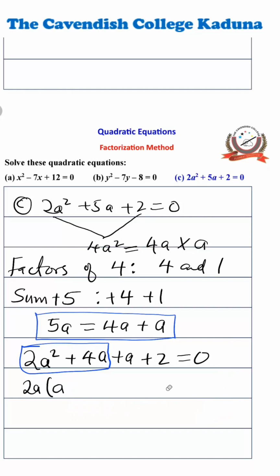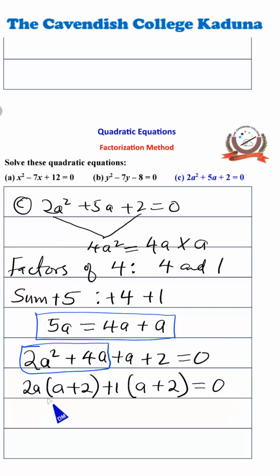Then for the second part, 4a over 2a: a goes with a, 4 over 2 is 2, so we have plus 2. Then for the last two terms, the common factor is plus 1. So a divided by 1 gives a, and 2 divided by 1 gives 2. This is equal to 0.